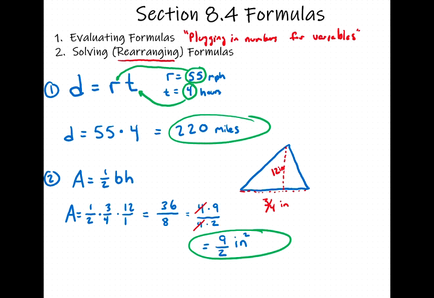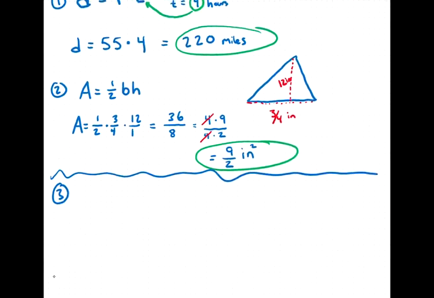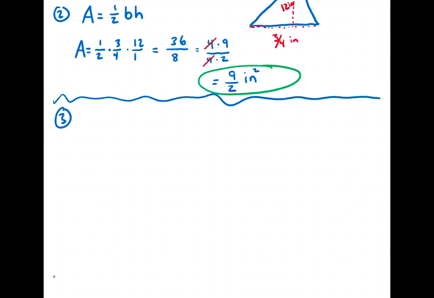So now let's look at the second topic, solving formulas. So that means we're not working with any specific numbers. We're just solving for a variable or rearranging to isolate one variable. So let's start with the formula for circumference. So let's say circumference of a circle.